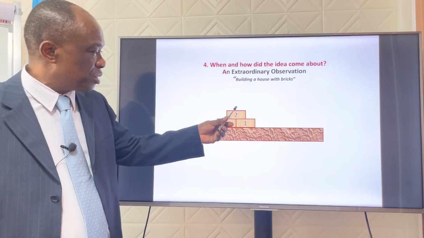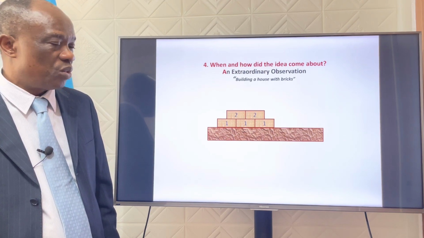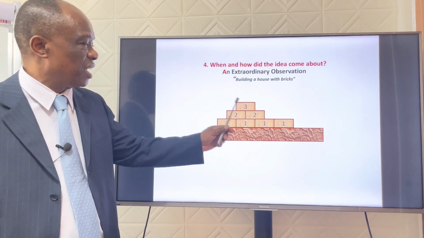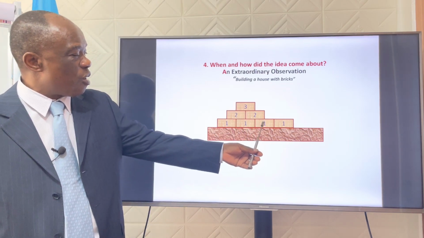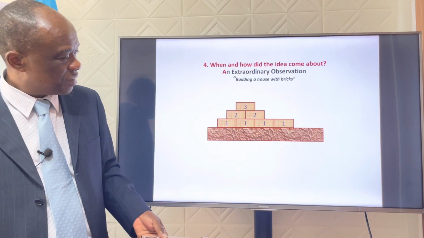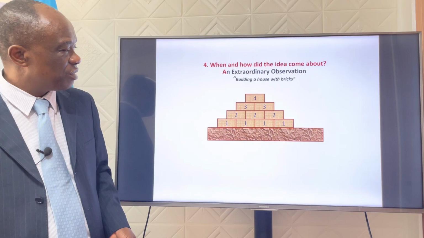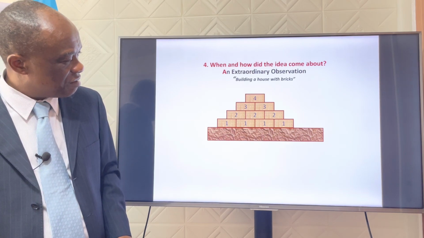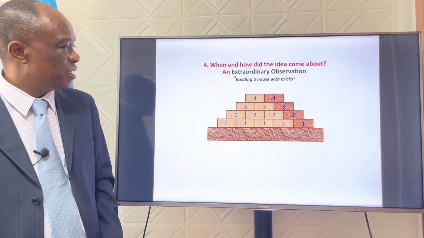To put the brick number 3 here, it goes 1, 2, 3. Sorry, I went a bit ahead. So to go to number 4 here, we had to go 1, 2, 3, 4. Again, number 5, we go 1, 2, 3, 4, 5.